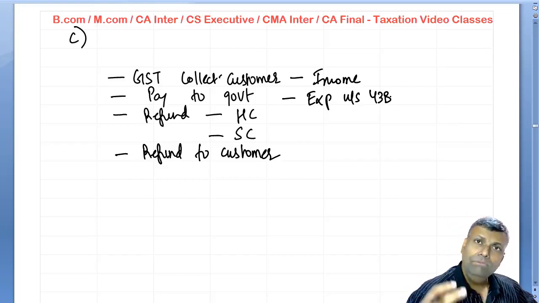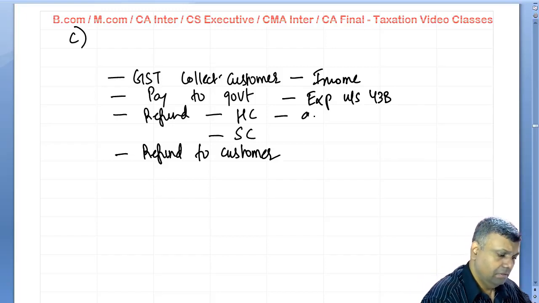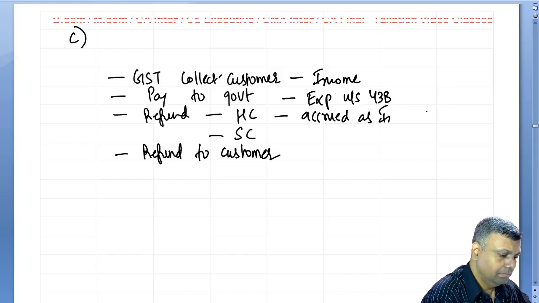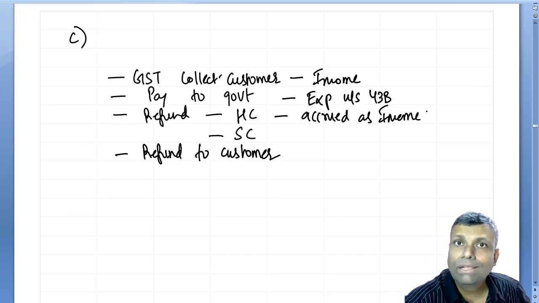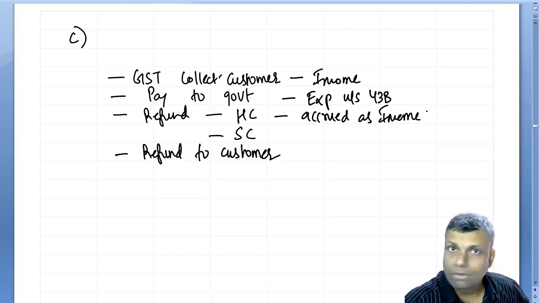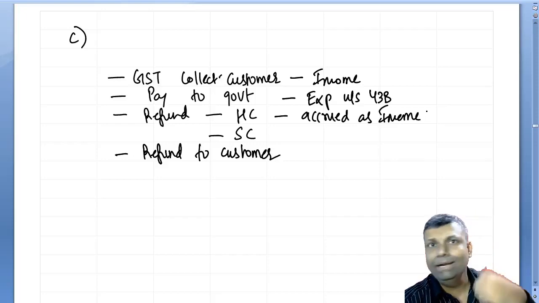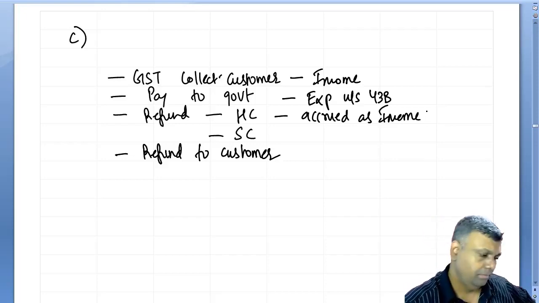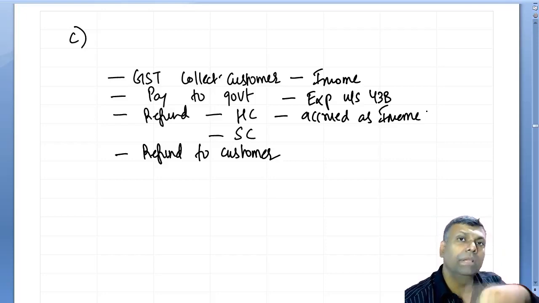Okay. Now if you get the refund as per the High Court directive, it is already accrued as income of the taxpayer, even if it is pending in the Supreme Court. The High Court's order, you have to follow. So the High Court decided in your favor, so it is once again your income accrued, even though it may be pending in the Supreme Court. Then the Supreme Court may reverse or may confirm.